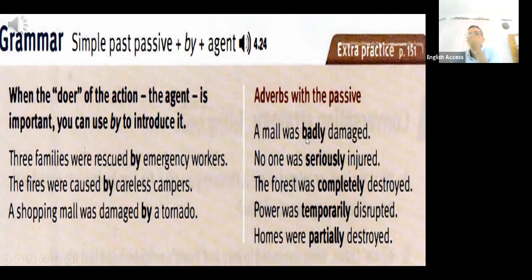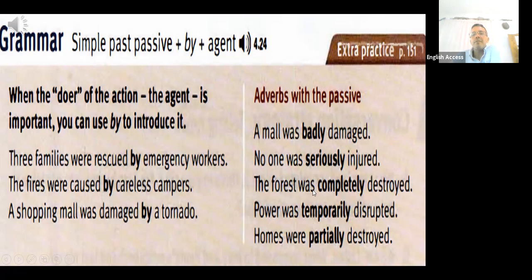And then, in what way? Badly. A mall was badly damaged. If you see, badly is after be, right? After was. The was or were. No one was seriously injured. Please pay attention to this word, injured.